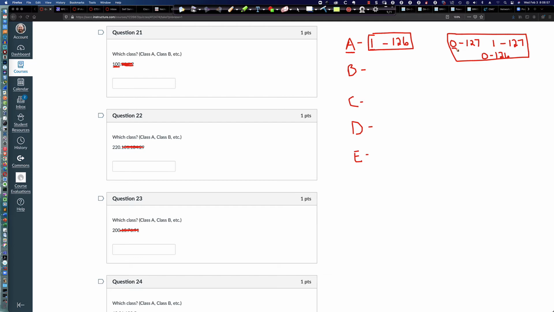Because 0, which would be 0.0.0.0, all the way up to 0.255.255.255, this range of addresses is reserved and not used.